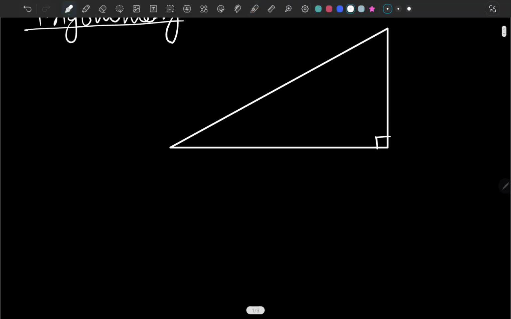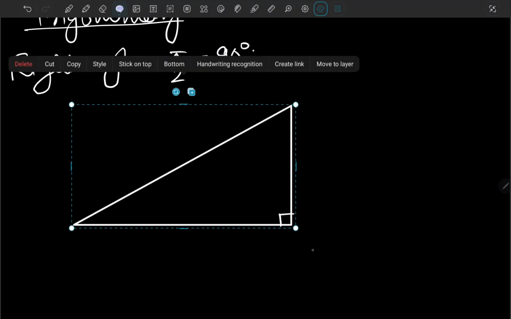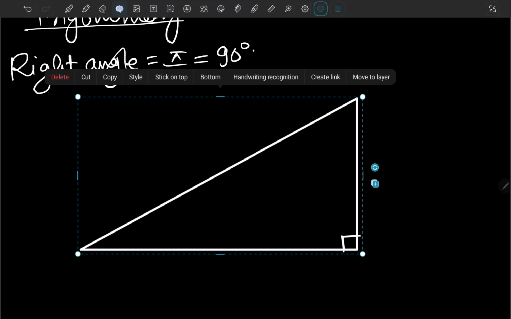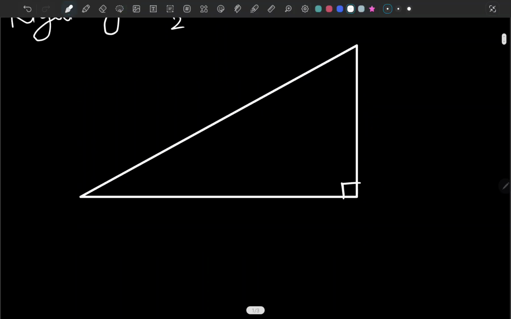So what is a right angle triangle? Right angle basically means pi over 2 or 90 degrees. So a triangle which consists of a 90 degree angle in it is a right angle triangle, right?